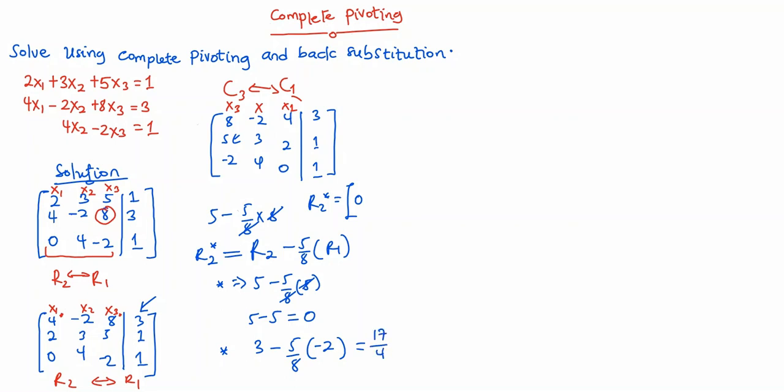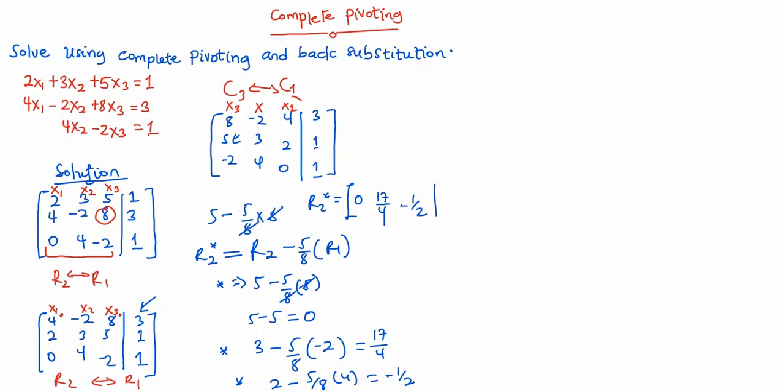That will be our second entry. Let's look at the third one. For the third one, you're going to have 2 minus 5 on 8 multiplying 4. This will give us a value of minus 1 on 2.